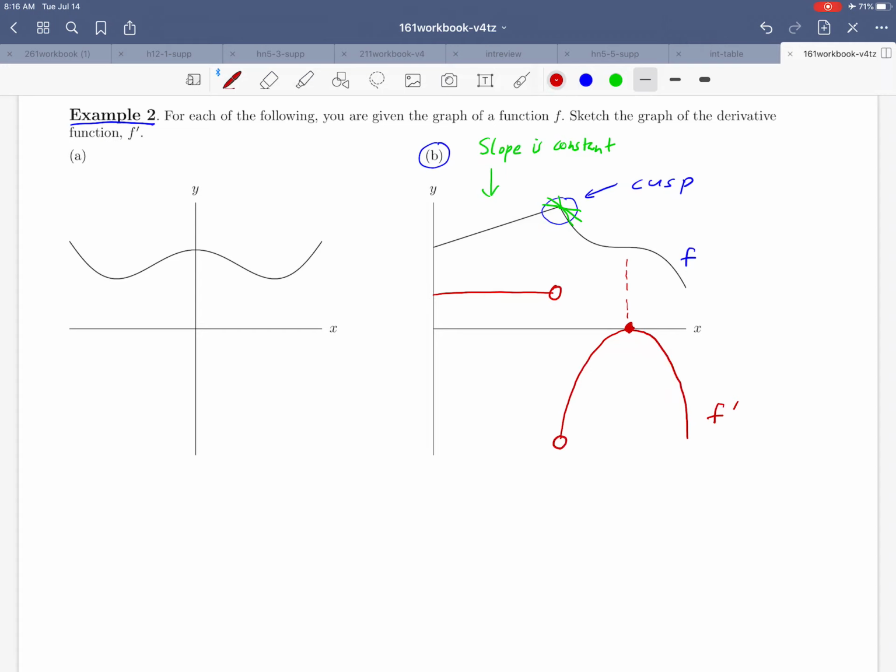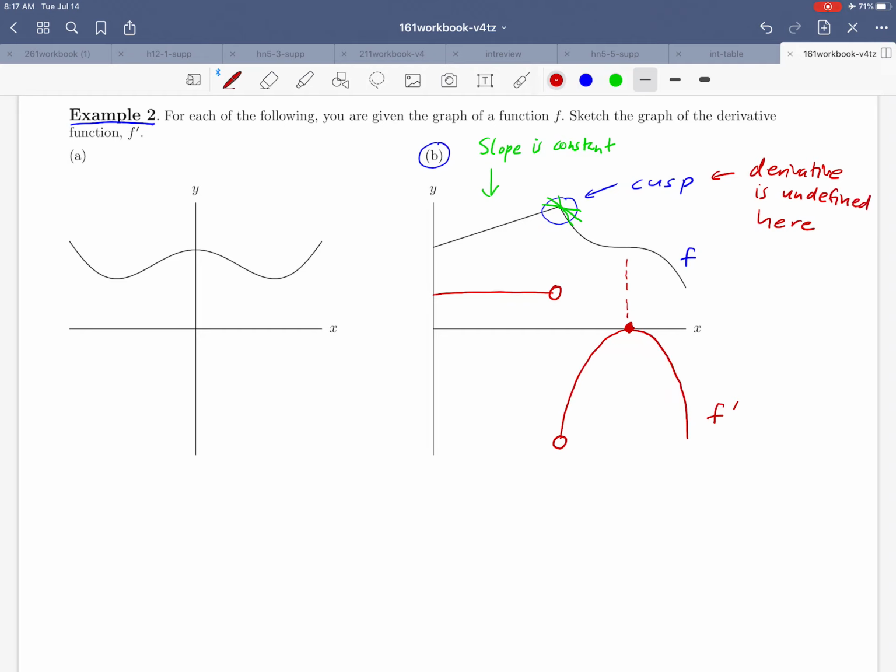That open circle just indicates that the derivative of f is undefined at this point. Anytime you have a graph with a sharp corner, a sudden transition in slope, you're going to get this behavior, and your derivative graph is just going to have a hole in it at that point.